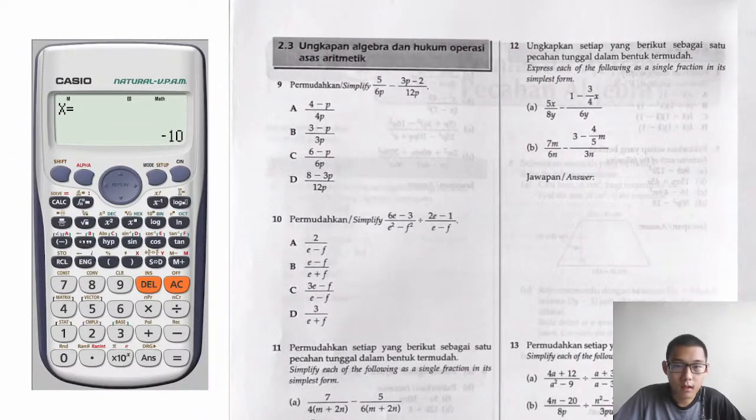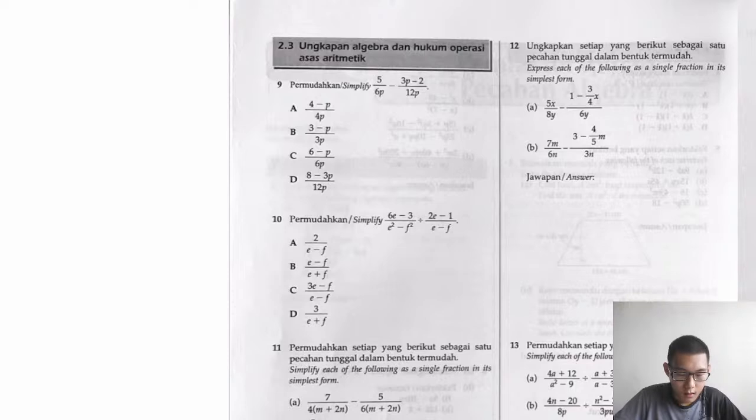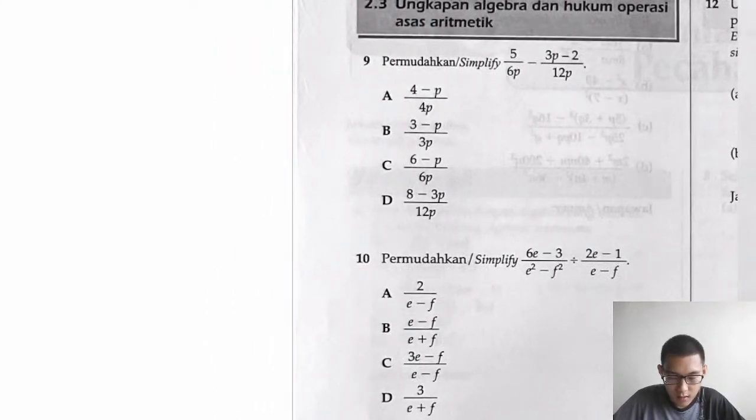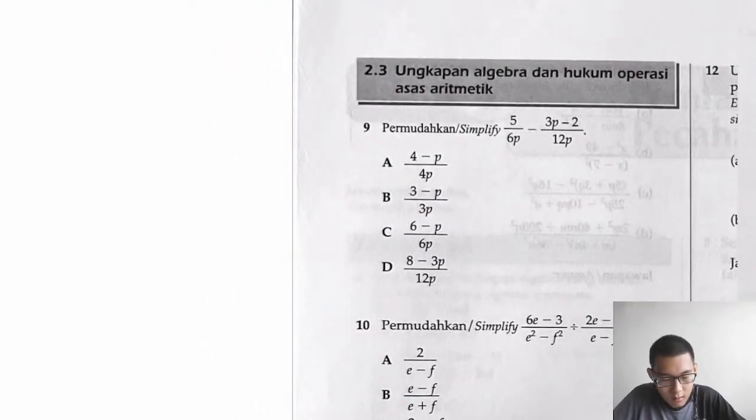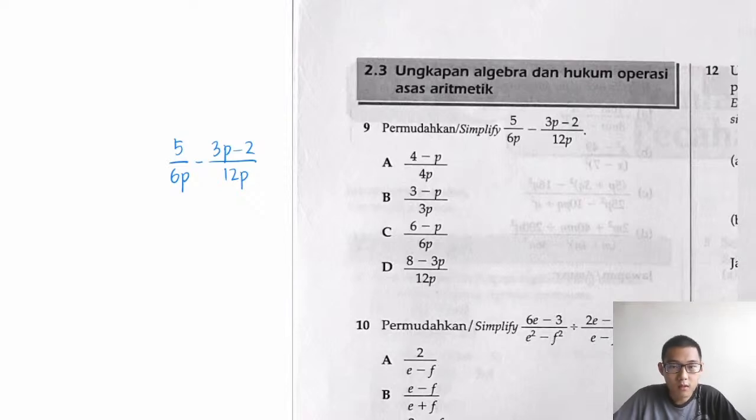Calculator, I think I know it already. Now I try to simplify this one. We are using fractions, so if we use fractions, make sure the denominators are the same. Now we have 6p and 12p as denominators. We try to make them the same, so 6p we can times 2 to become 12p.